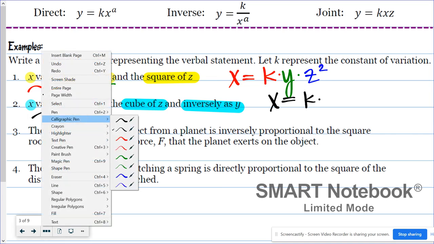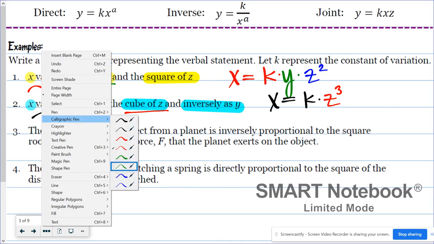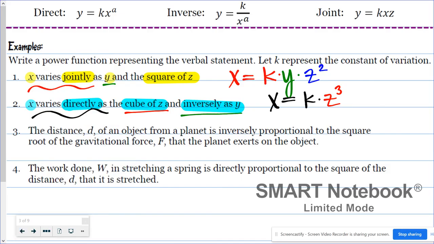And then it says the cube of z, so the cube of z is z cubed. And inversely as y, and inversely would be division by y. And so there you have it: x equals k times z cubed divided by y.